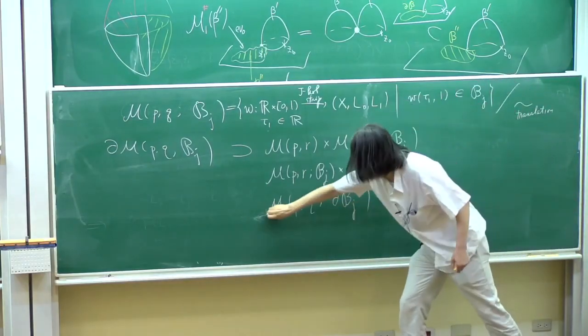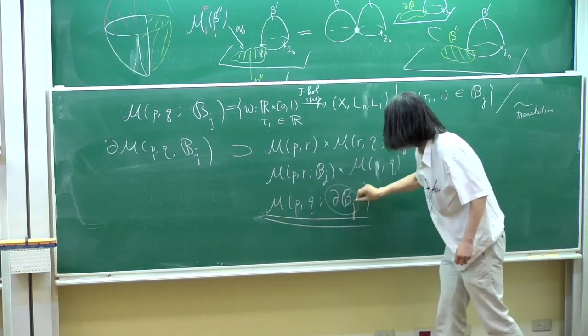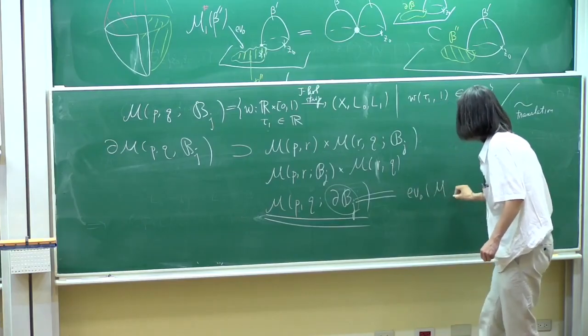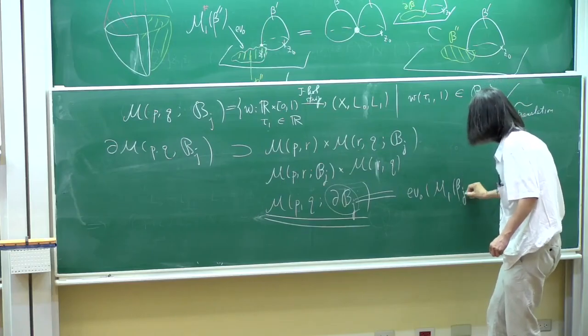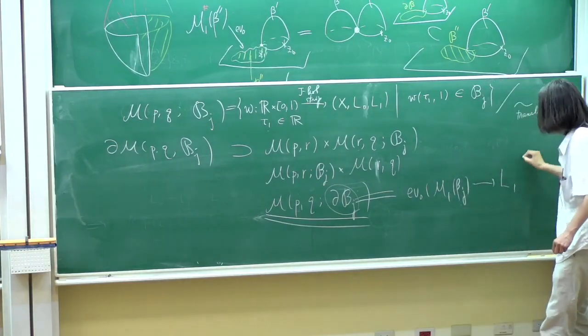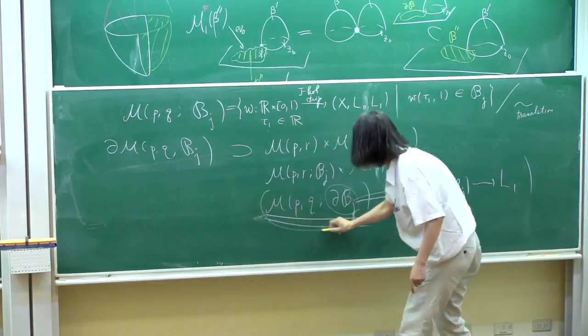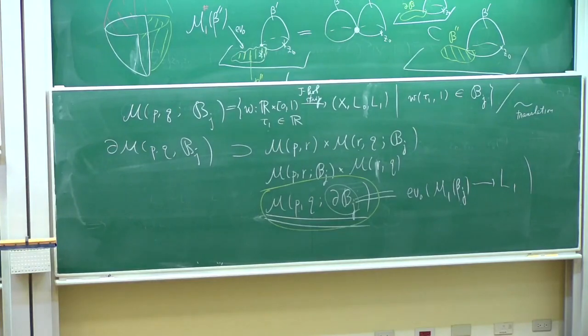But if you look at this one, it is the same as the evaluation 0 of this M1 beta double prime, beta J to A1, right? So therefore this contribution and this contribution actually cancel.